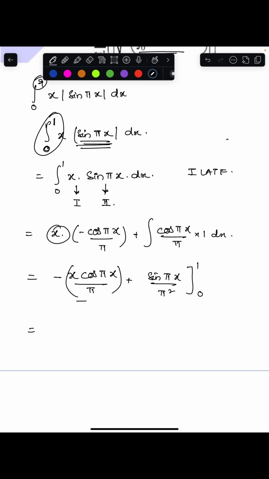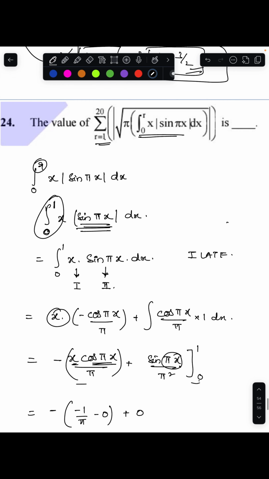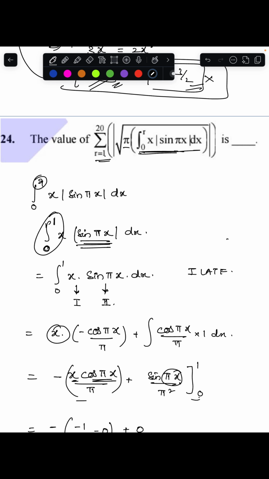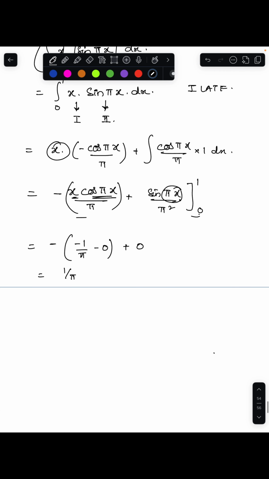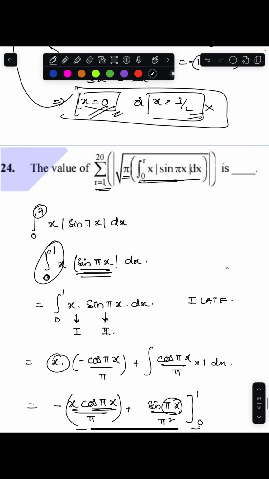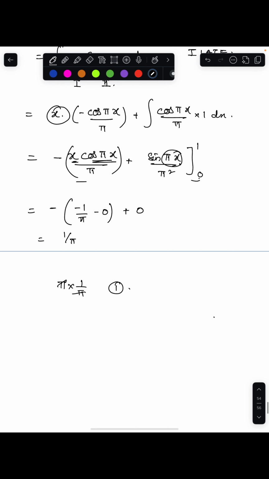If I apply 1 here, minus of 1 into cos pi, that is minus of minus 1 by pi, 0 means 0, plus if I substitute 1 here, sin pi is 0, substituting 0, cos 0, 0. So I'm getting 1 by pi. The first term is 1 by pi. Now it is multiplied with pi, so pi into 1 by pi means I'm getting 1. So our T1 is 1.